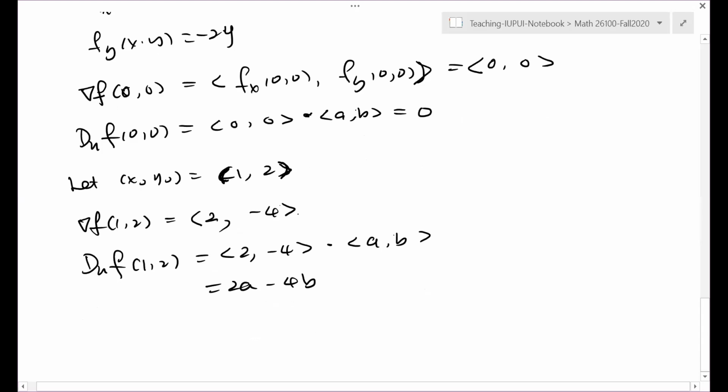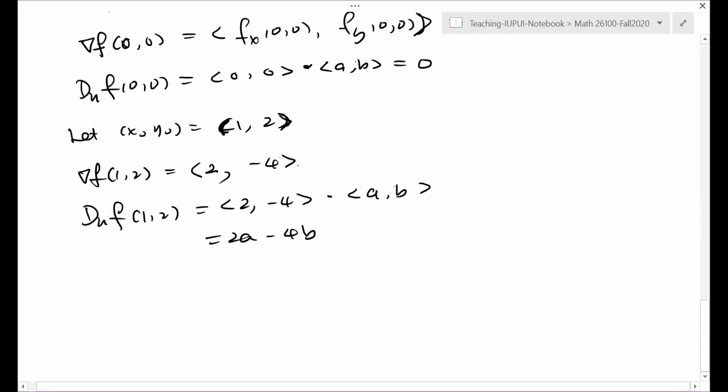So there will be a question of when it has a maximum value. Of course, when a, b are very large, this can be a very large number, so you have to restrict it to unit vectors. If we use a unit vector, what is the largest possible value for this derivative? This is a question we're going to discuss later.